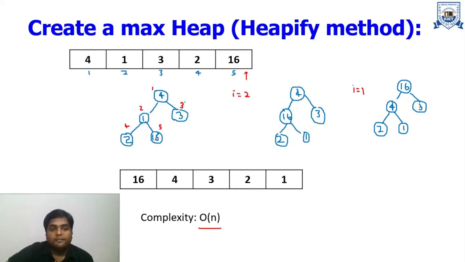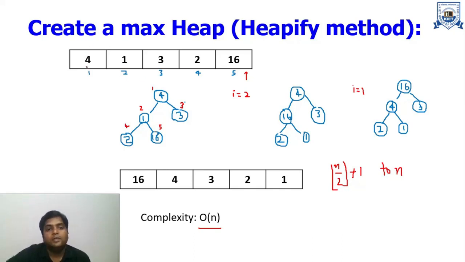In a complete binary tree, the leaf nodes run from floor of n by 2 plus 1 to n. Let's see over here.